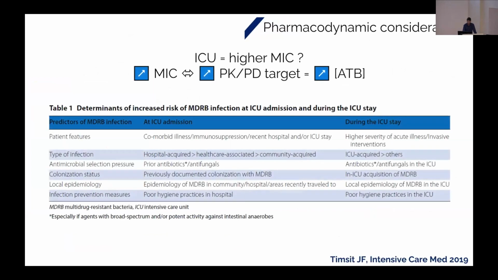From a pharmacodynamic perspective, we know that ICU patients face bacteria with higher MIC than non-ICU patients. And when we say higher MIC, that means we need to increase our PK/PD target. There are several reasons to explain this change, but the most advanced is prior antibiotic exposure.